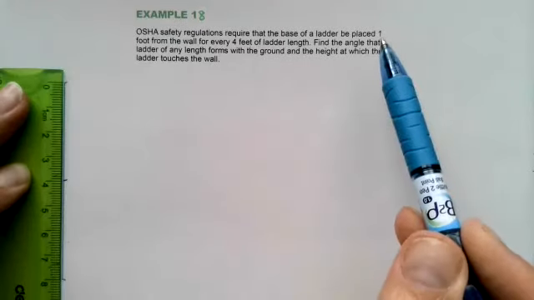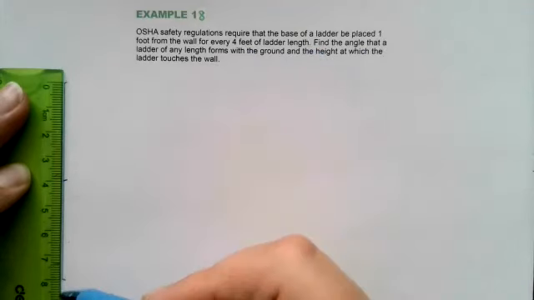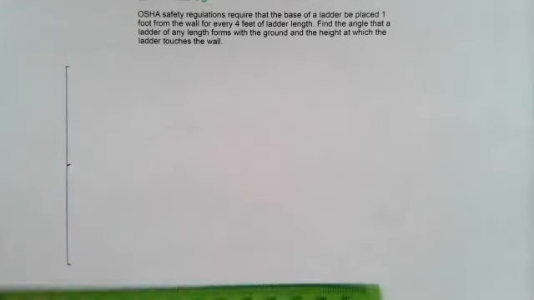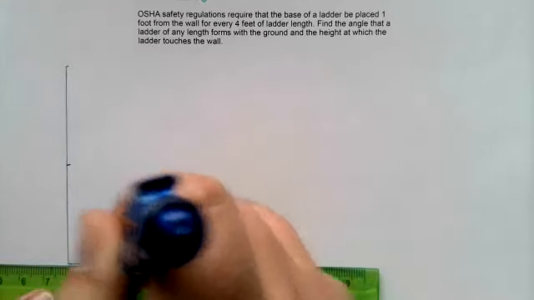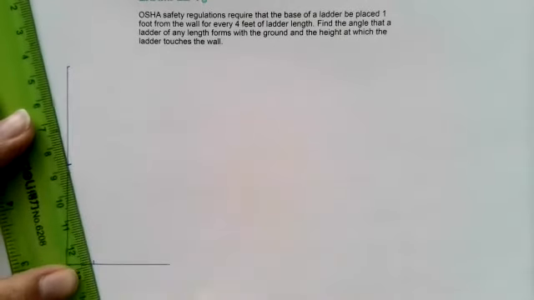So if our ladder is 4 feet, for example, we have to move the base of the ladder 1 foot away. So right here, per 4.